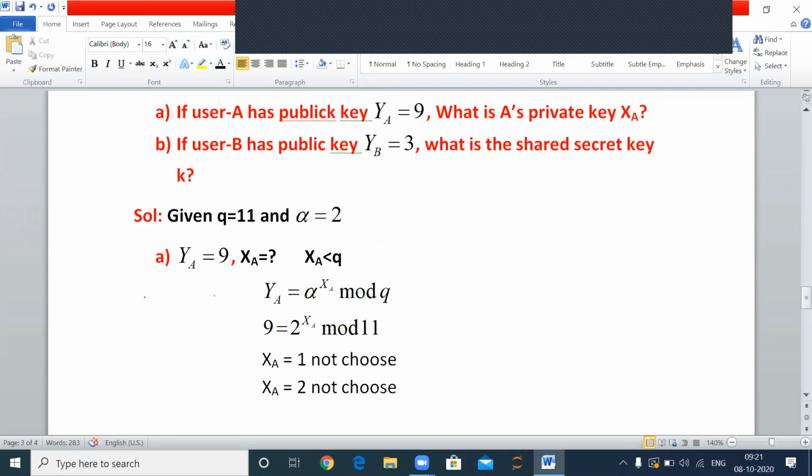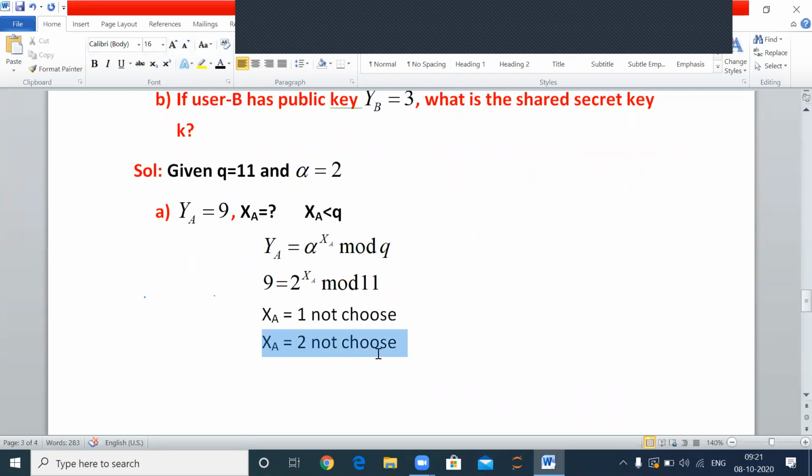Similarly, we select XA equal to 3. 2 cube is 8, 8 mod 11, the remainder is 8. Is 8 equal to 9? No, so x equal to 3 is not the private key.